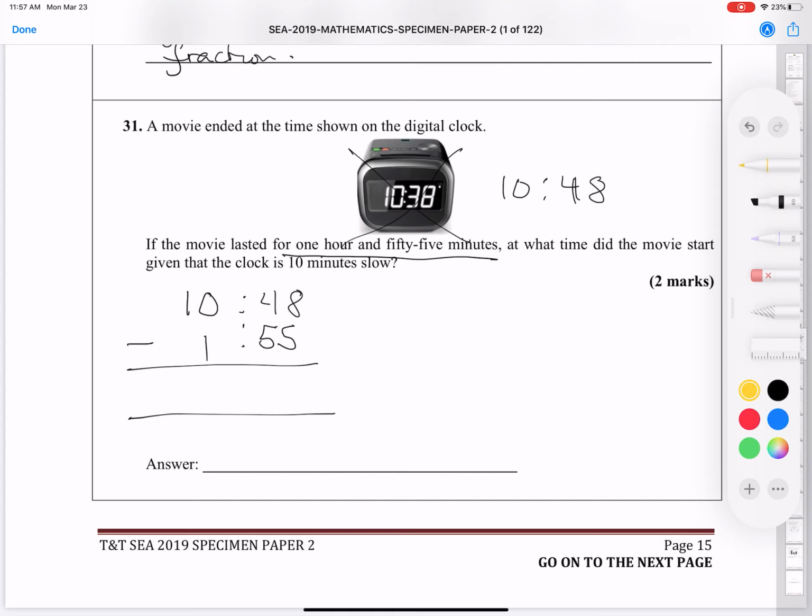So we no longer have 48 minutes, we have 108 minutes to take away 55 minutes. 8 take away 5 is 3, and 10 take away 5 is 5. We have 53 minutes. 9 take away 1 is 8. So the movie started at 8:53.